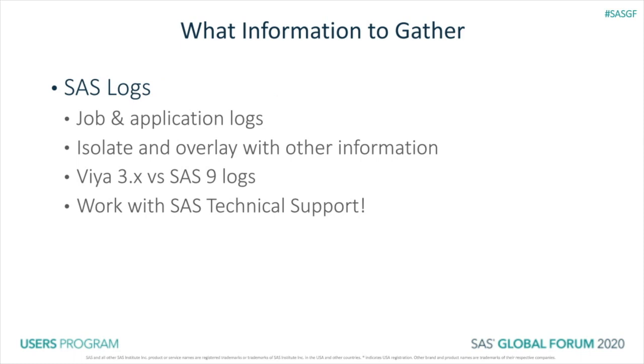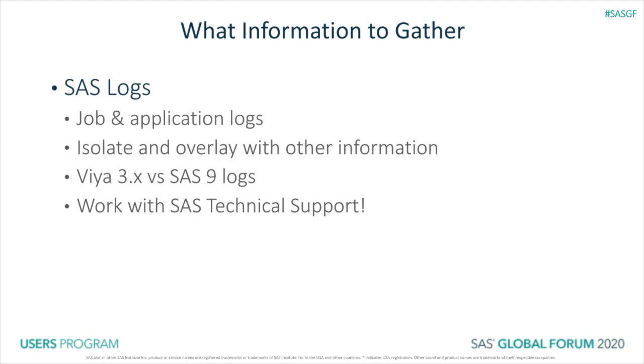SAS logs are typically where we begin our investigation. We need logs from the jobs that are surfacing the performance issues. Those are vital to the process. These contain metrics and session options that really help us narrow down the cause of an issue. If it's possible to also get SAS logs from when the jobs are not experiencing the performance issues, then that's just an added bonus.